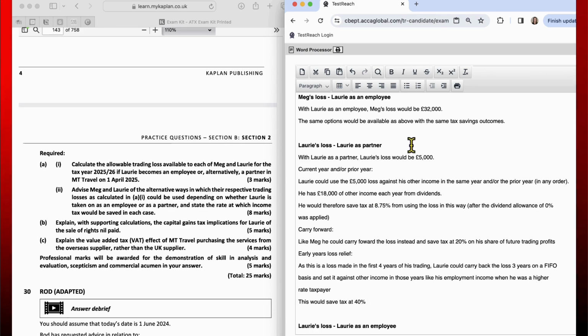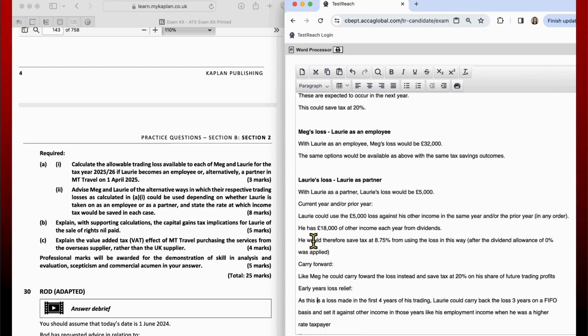And use the numbers. Do you see that although I've done this in the word processing answer space, I have used figures from the question to illustrate my points. I've not just said, oh, he can set it off against other income. Well, what other income is there? 18,000. Where did it come from? Dividends. That helps me figure out the tax rate that I'm saving at is 8.75%, dividend rate. We're trying to make this as specific to our client as possible, wherever we can.